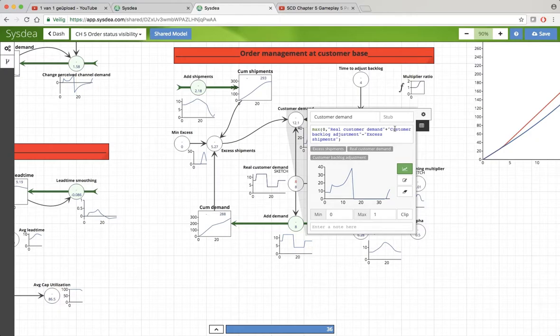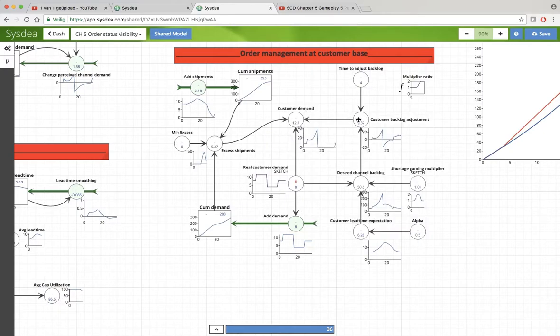There's also the need to adjust for the customer backlog. And after a certain period of time, there's also the need to reduce the demand by excess shipments. Customer backlog adjustment: on top of the real customer demand, there are two independent effects. Although independent, they are interrelated.